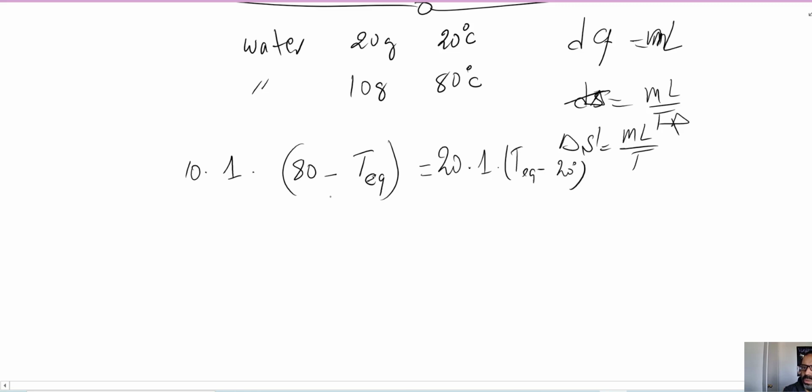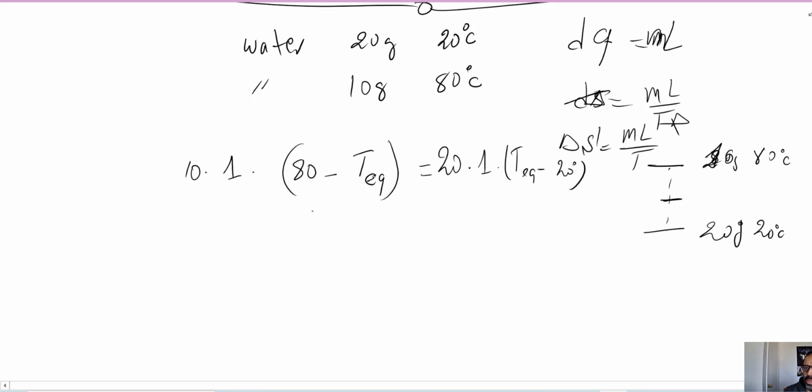I'm going to solve this equation for T equilibrium because we need to find where the mixture will go. So we have 20 grams sitting at 20 degrees Celsius, and we mix it with 10 grams sitting at 80 degrees Celsius, and the temperature of equilibrium is somewhere in between. It's not necessarily exactly the middle because we have different quantities.